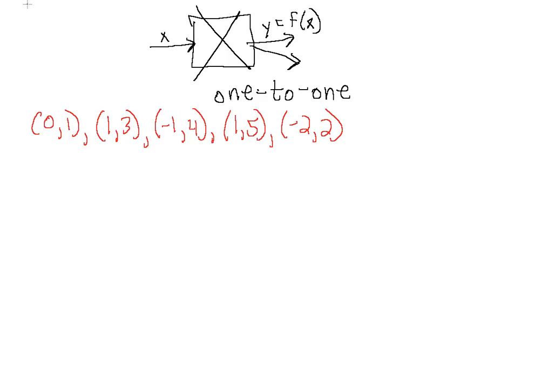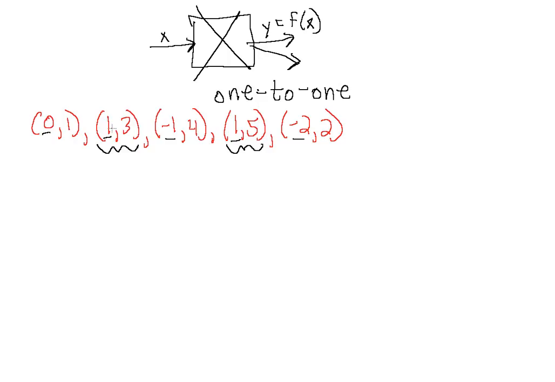So first off, we want to know if each value of x has a unique value for y. In other words, for each value of x, are we given a unique value of y everywhere we see that value of x? Well, I can tell you right here and right here we have a problem. We have the value x equals 1, and we're given two different values of y. We're given 3 and we're given 5.